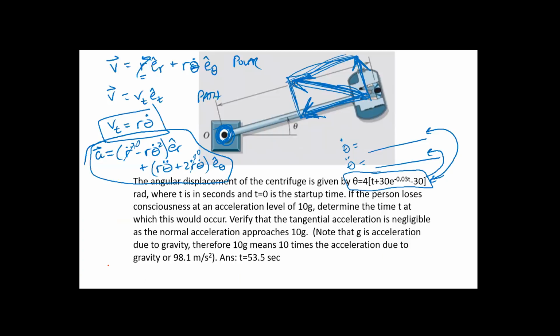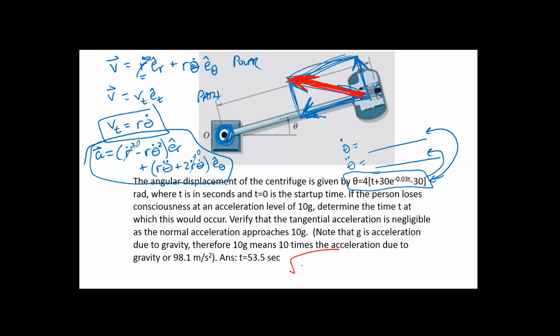Right. Because the person in there doesn't care what you've just defined as E sub theta and E sub r. They just care how much is that? How much is that vector right there? Oh, okay. So how do I figure out the amount of that vector? It's just the square root of x squared and y squared. Okay.